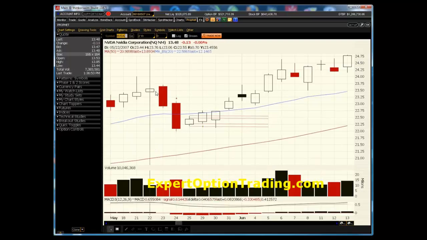In this case, we had a long red bar. We had a small white bar following it, which is our inside day. We would have gone long right in here, which is just above our high price on our inside day at 22.56.